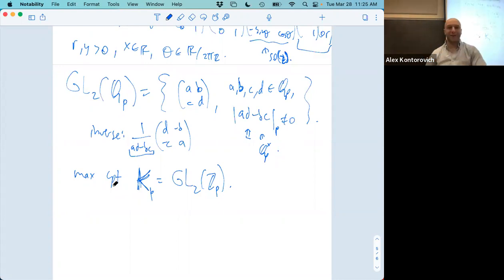What is GL2ZP? It looks like it's clear, right? We have elements A, B, C, D, where A, B, C, D should all be in ZP, and the determinant is non-zero.